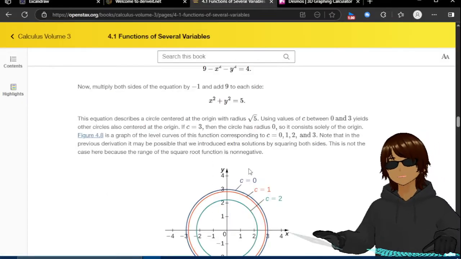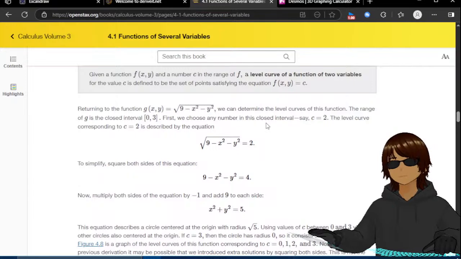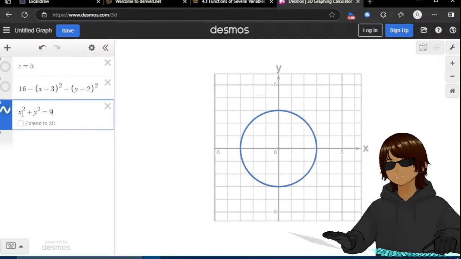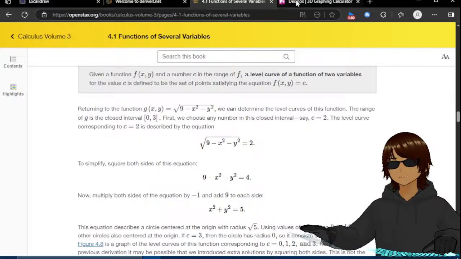It would get bigger, right? So if the value of c is bigger, shouldn't it? Hold on. No, it's subtracting.